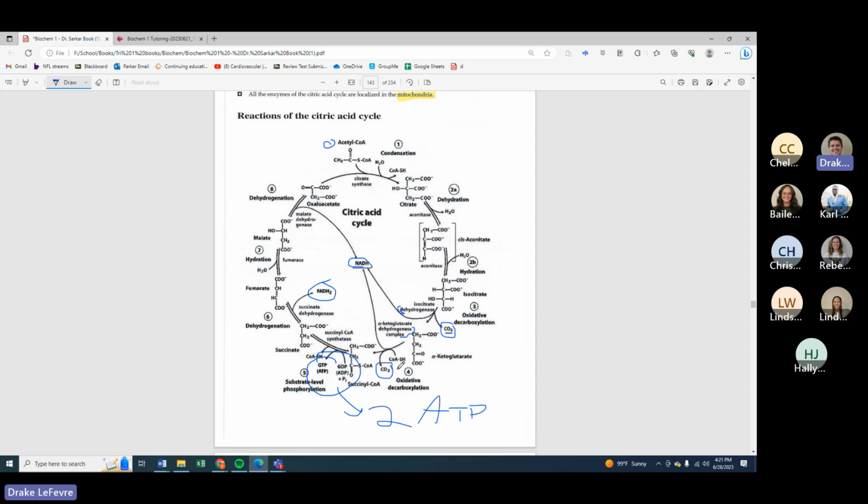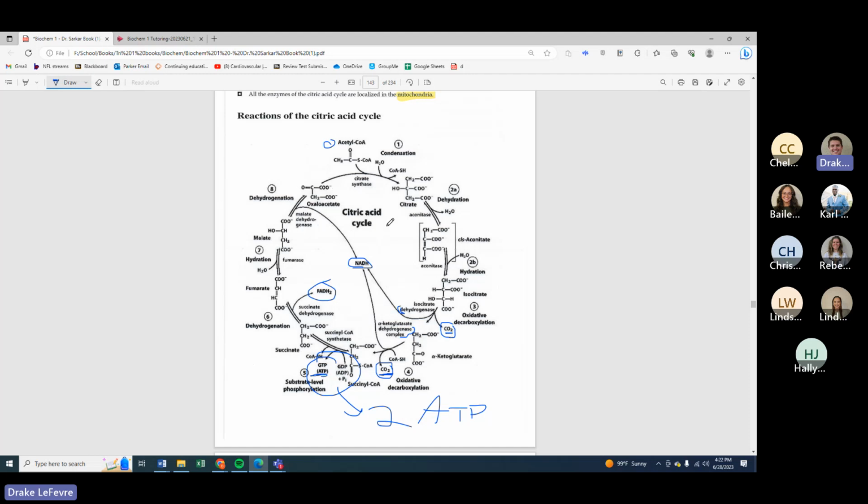We'll see where we get our CO2 that comes out. And then you'll want to know which step the ATP or the GTP is formed, as well as between which steps the FADH2 and the NADH are made.